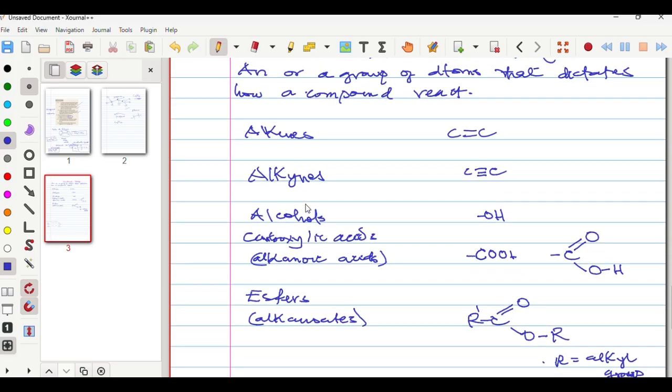Sorry, this is homologous series. Homologous series. And this is a functional group.